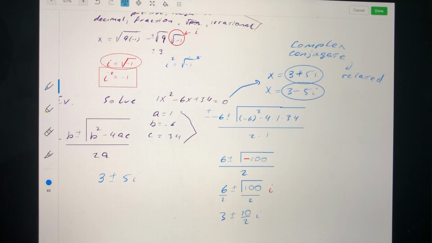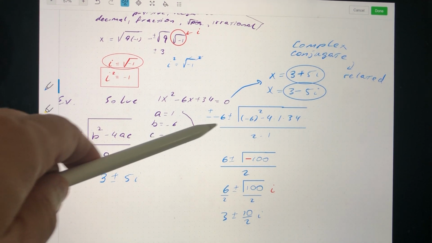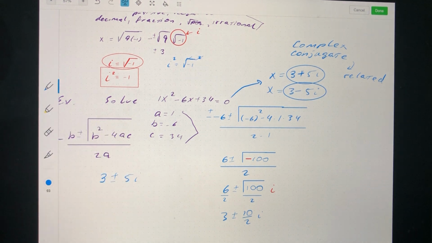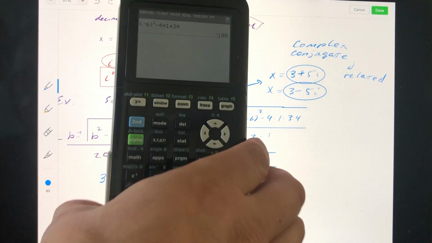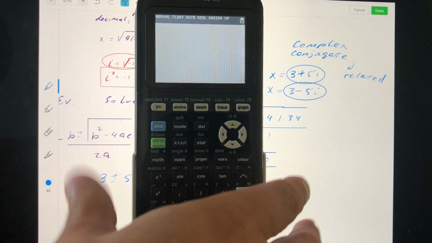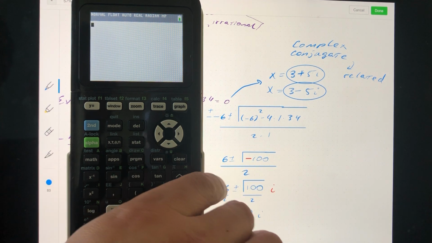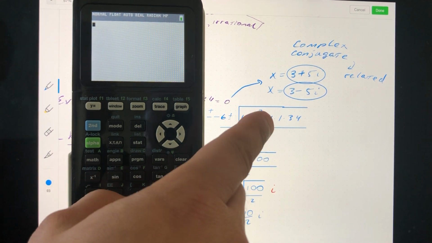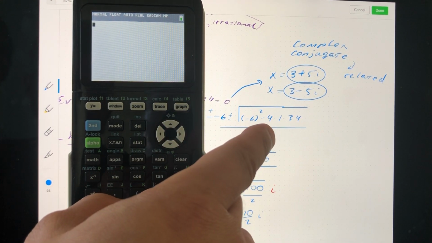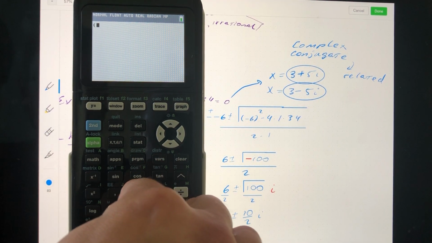Now the calculators can also get us the same result. So let's type in this entire question with the parentheses in the calculator. But we have to do one step. If we don't do that one step, we're not going to get an answer, we're going to get an error. So just to show what happens, let's type it in without changing any settings. So here's what it looks like if we do it incorrectly.